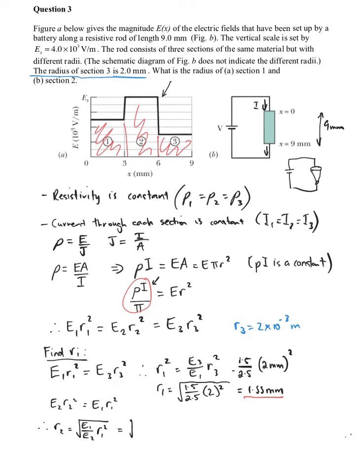Put the values in for that, and you get 2.5 over 4, and it's 1.5 for R1, which we just calculated, and we get 1.22 millimeters. Excellent, that's our answer. So that's just exploiting the fact that the resistivity is the same through each section, and that the current flowing through will be the same for each section. Great.